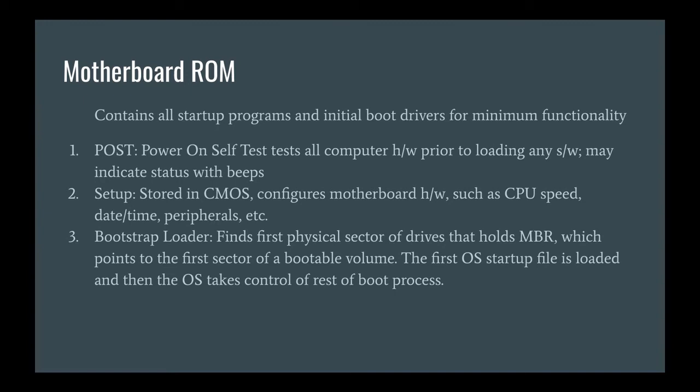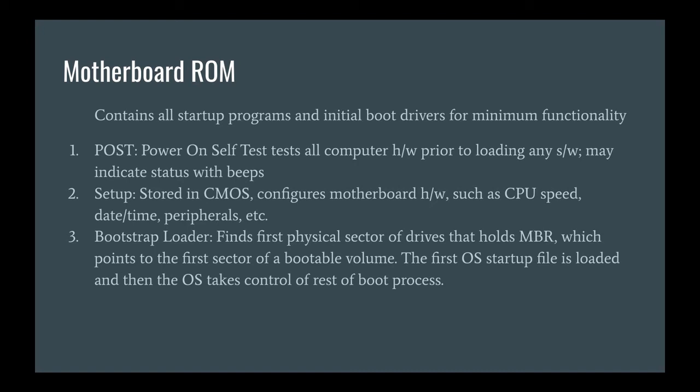After checking the setup and configuring all of the hardware on the motherboard, the bootstrap loader loads and finds the first physical sector on the hard drive that holds the master boot record. From the master boot record, the computer finds what the first sector of a bootable volume is.